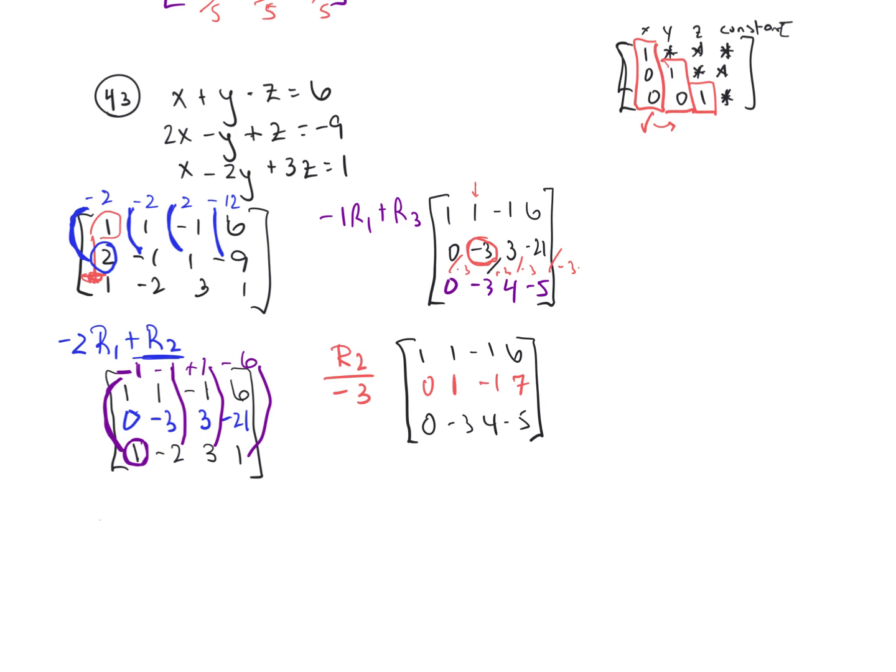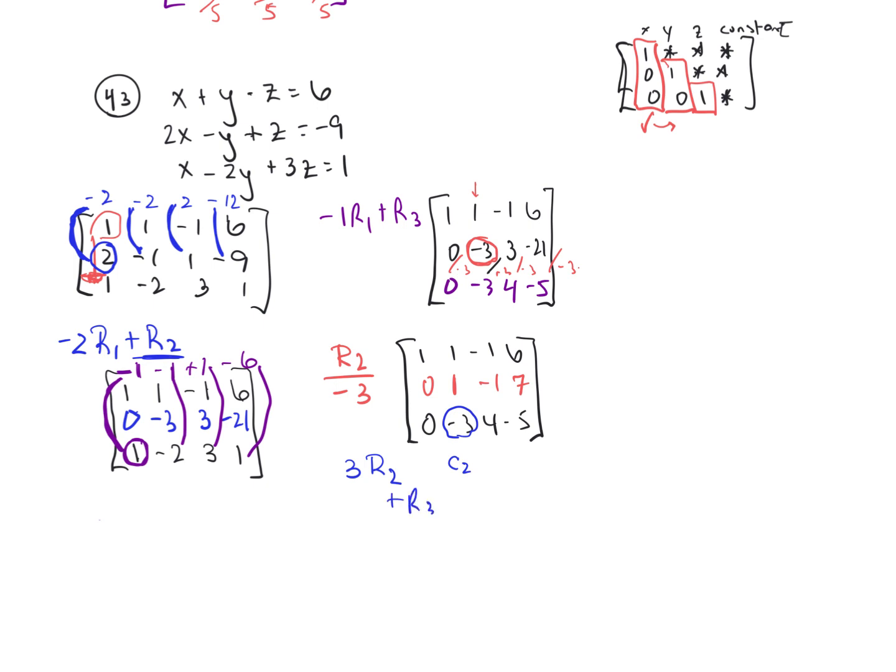Now in row 2, I need this to be a 0. To get a 0, we have to consider I'm working in column 2. So I'm going to multiply row 2 by the opposite of this number, and then I'm going to add that to row 3.